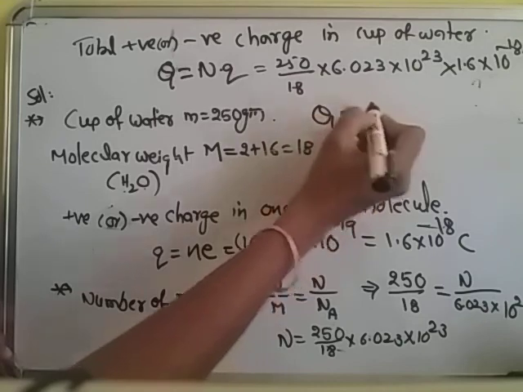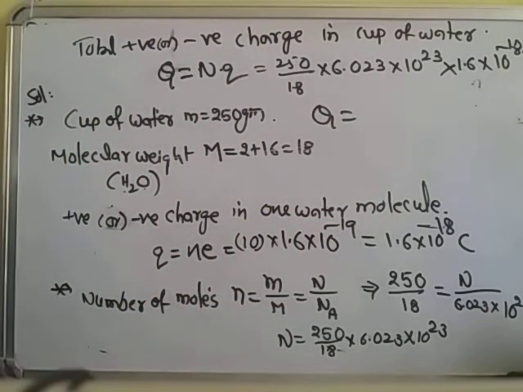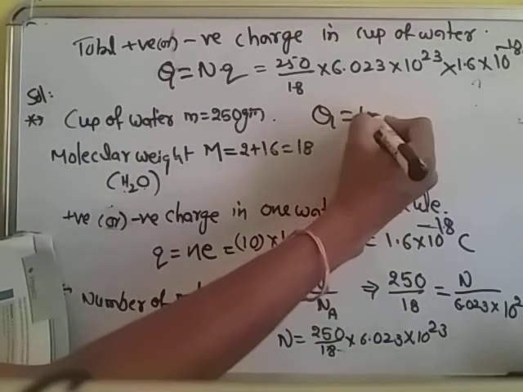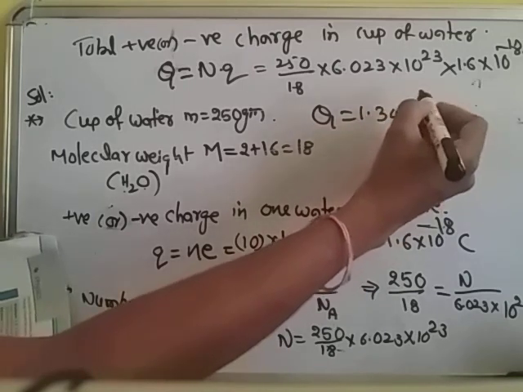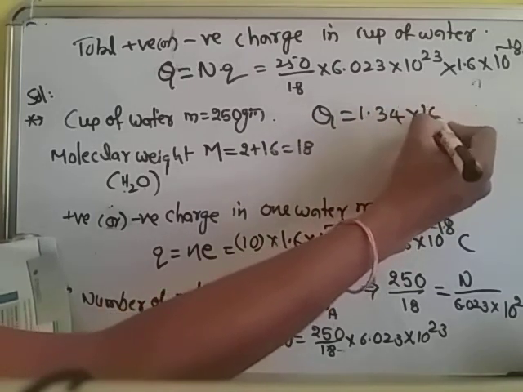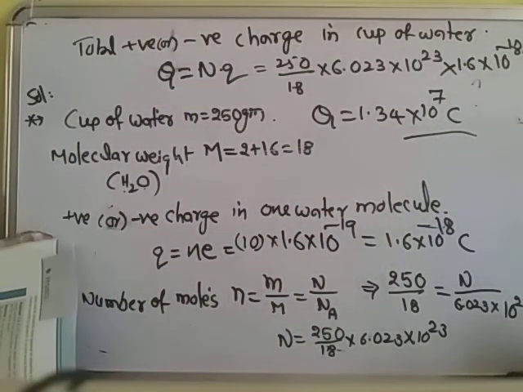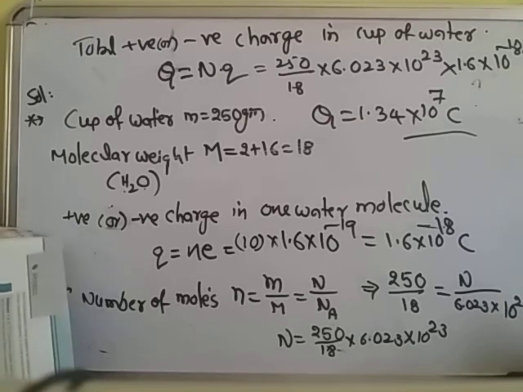If we simplify this, we will get the answer, that is 1.34 into 10 to the power of 7 coulomb. This is the total positive charge or total negative charge which is present in a cup of water. And this is one problem, and like this we have to solve the problem.